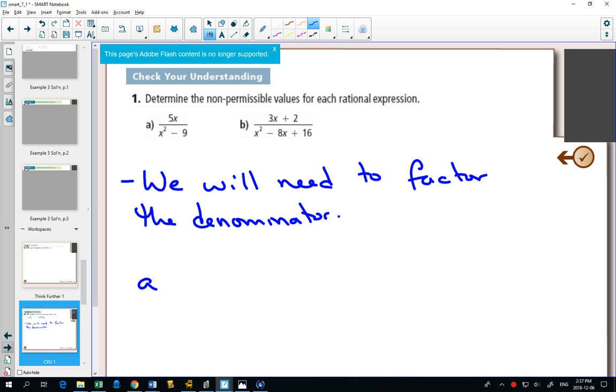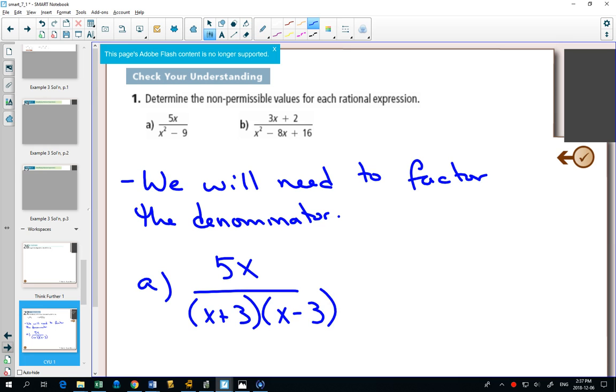So in A, when I look at this expression, can I factor the bottom, x squared minus 9? Yes. It becomes x plus 3, x minus 3. And then once it's factored, it's going to be easy for us to tell what the non-permissible values are.